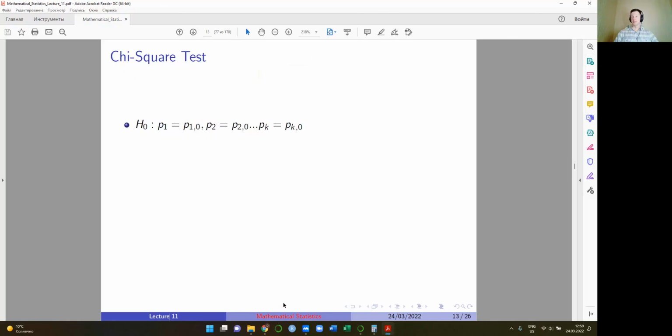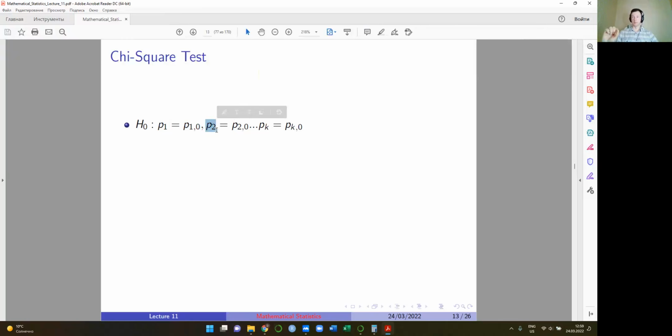So now, how does this test look? In general, the null hypothesis is not like the null hypothesis in our example, but in general, we need to state the probabilities attached to every cell or to every category. So the probability that we will fall into the first category is p1,0, which means that this is just some number, like 0.1, for example.